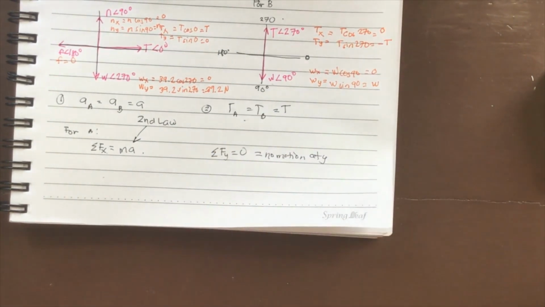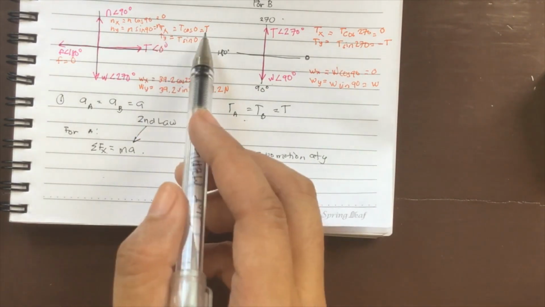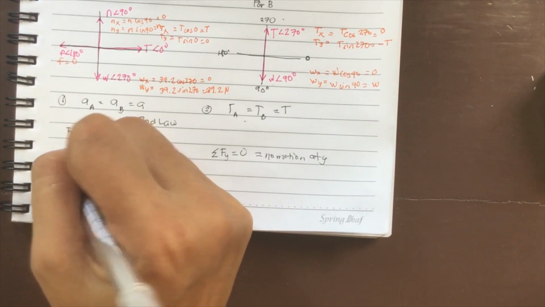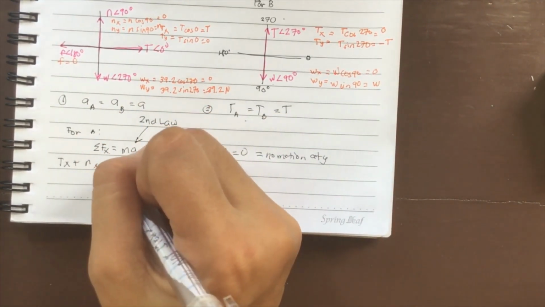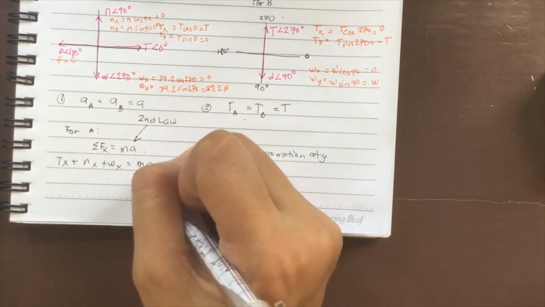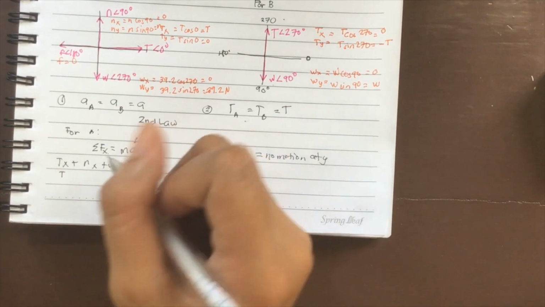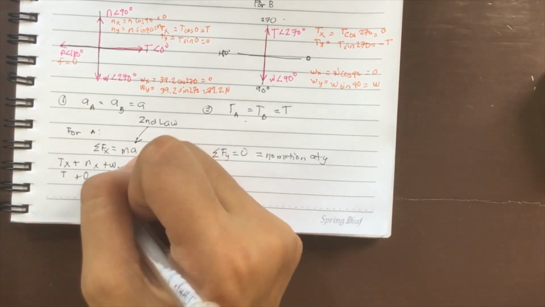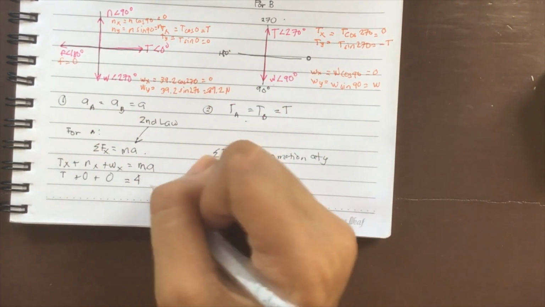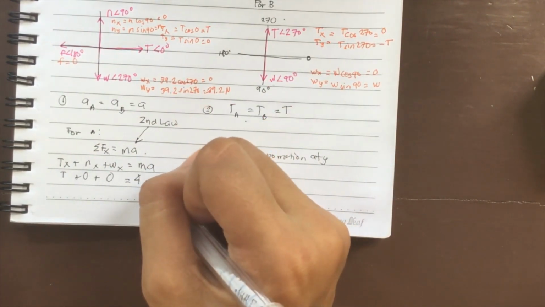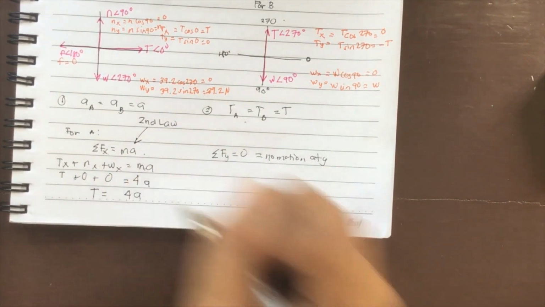Okay, now let's have this one. So you have summation of forces X. So you have Tx plus Nx plus Wx is equivalent to mass times acceleration. So Tx is T, Nx is 0, Wx is 0. Now the mass of the object is 4, and then the acceleration is A. So simplifying, you will have T is equivalent to 4A.